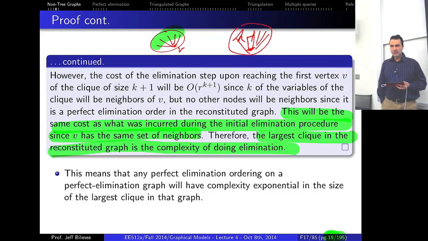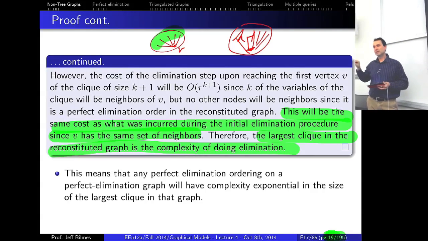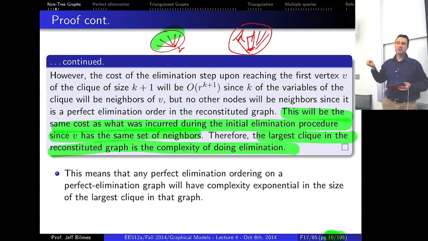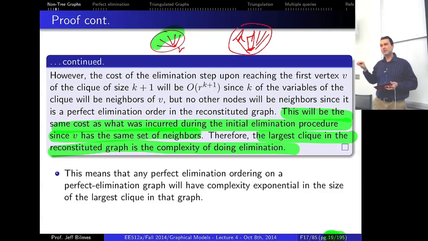It could be the case that you have a very, very large clique of size k plus 1 with only binary variables, and a very, very small clique with, say, n-ary variables where n is 1,000,000, in which case the small clique is going to have more cost than the large clique.